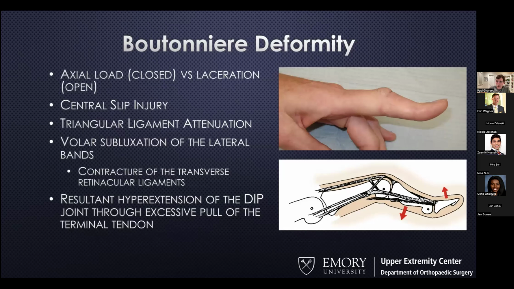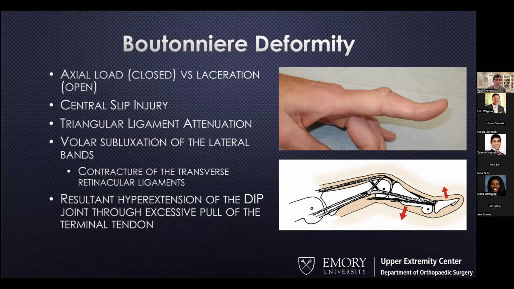Most people come in with a closed injury, often a jamming type mechanism, or like in the case I showed in the beginning, they can have a laceration or an open boutonniere deformity. You always have a central slip injury, but not every central slip injury has a boutonniere deformity.